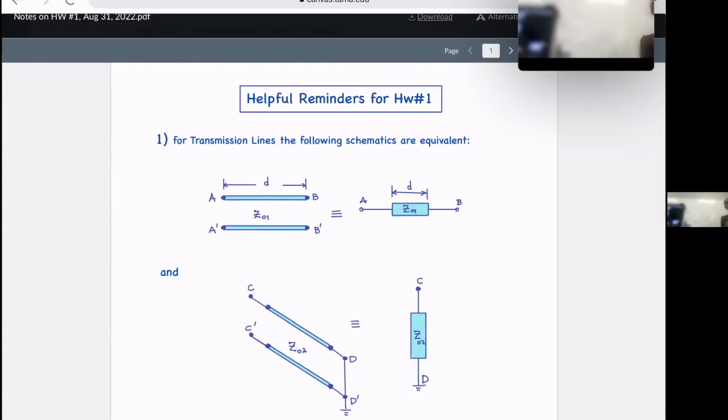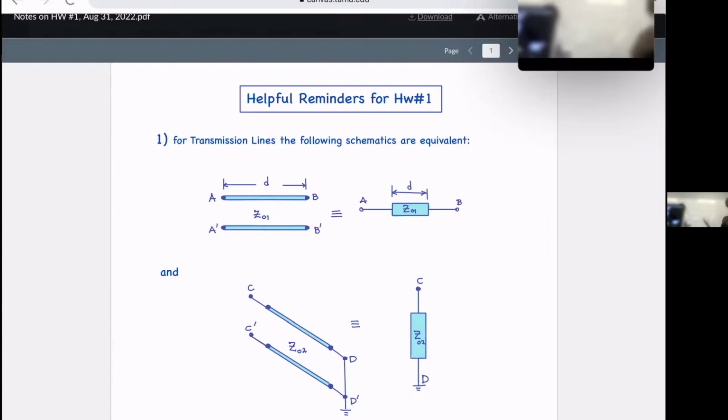However, a lot of times, as we go to higher levels of complexity in circuit design, you're not going to see two wires representing the transmission lines everywhere. You're going to see one wire, and then a box, at least in the intermediate. Later on, you're not going to even see the box. But for now, you're going to see a rectangular box that says Z01.